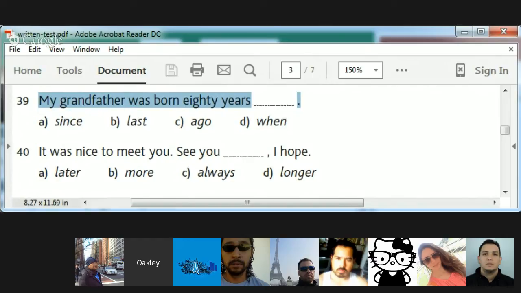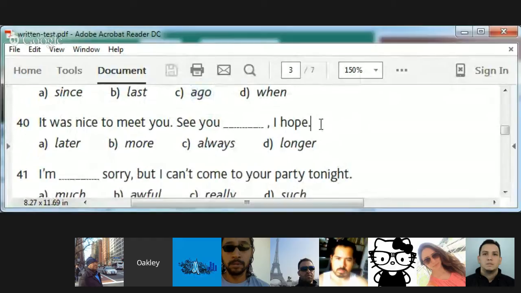My grandfather was born 80 years ago. Yes, very good. Choosing the correct time word. 80 years ago, in the past. Super. Good job. Alejandro, number 40.